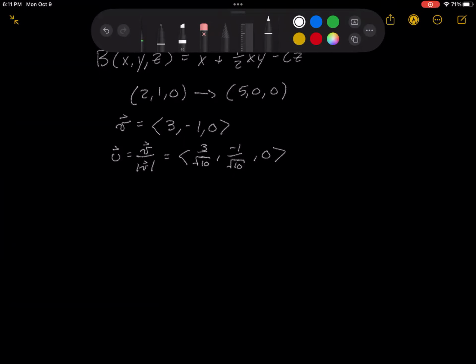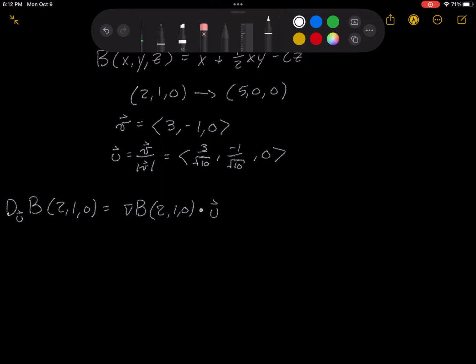Okay, now the B function is going to have a directional derivative in that direction u at the point (2, 1, 0), which is the gradient of the B function at the point (2, 1, 0), dotted with the unit vector that gives me my direction of travel.